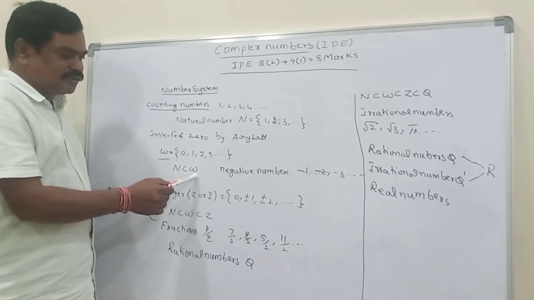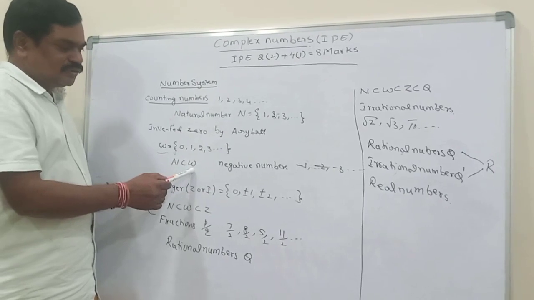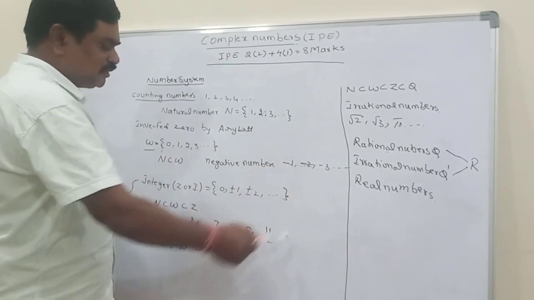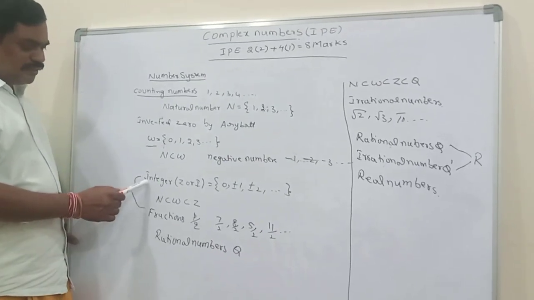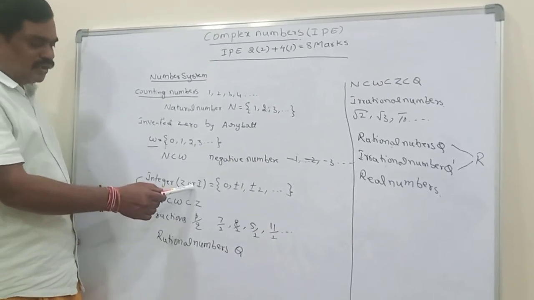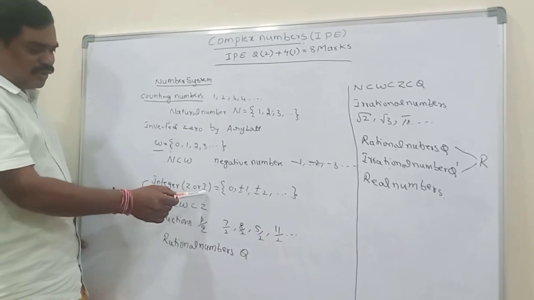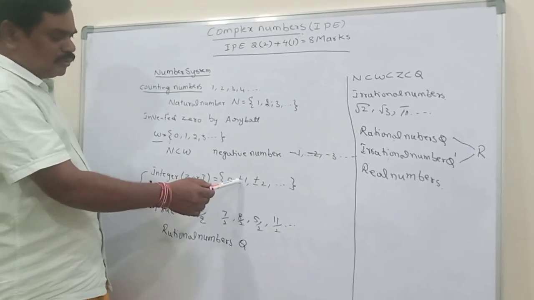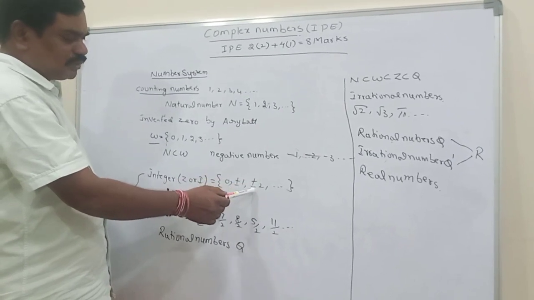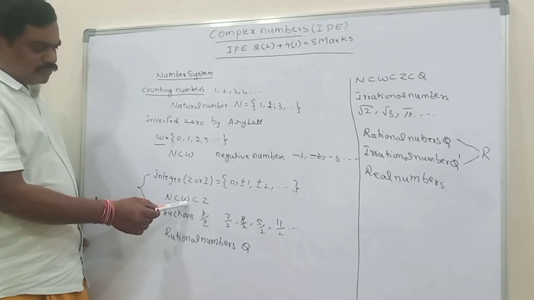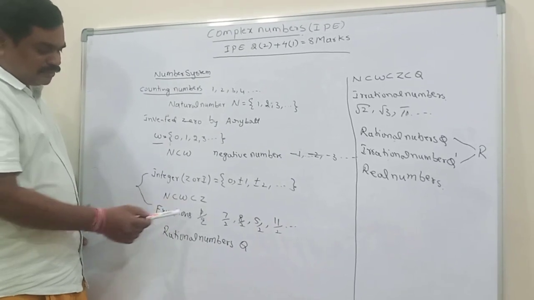Then negative numbers like -1, -2, -3 and so on. So integers are Z or I: 0, plus or minus 1, plus or minus 2 and so on. So N is a subset of W, a subset of Z.